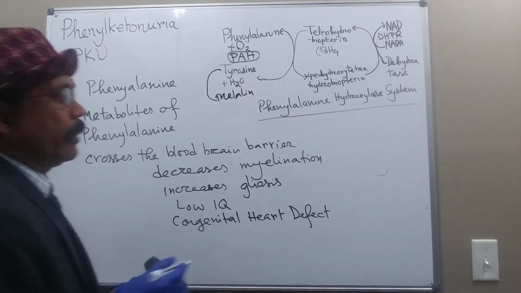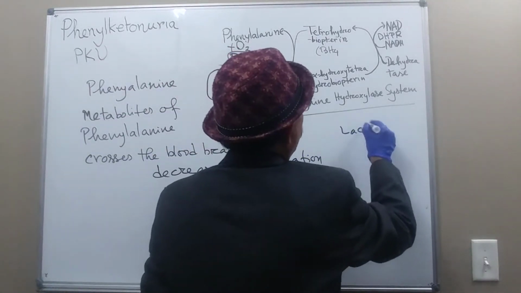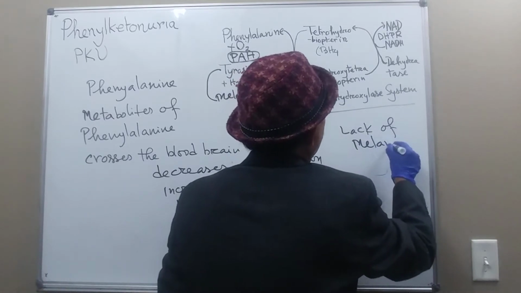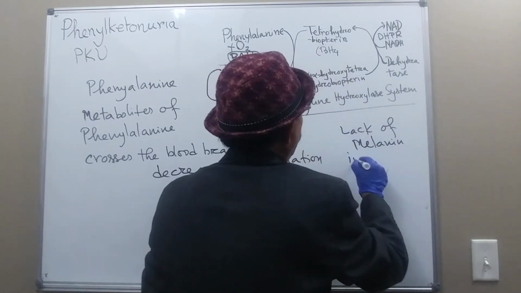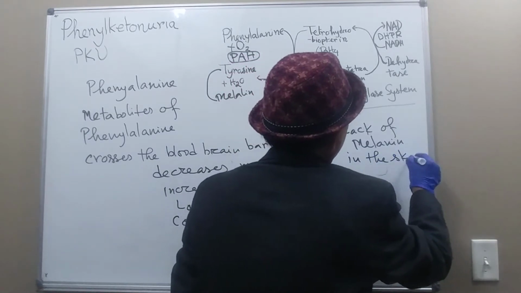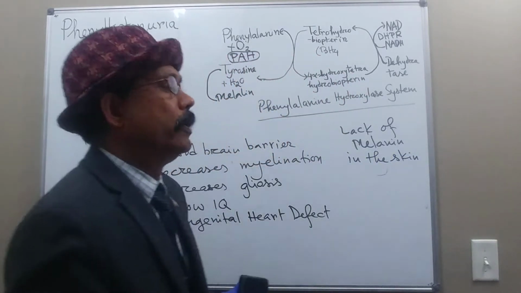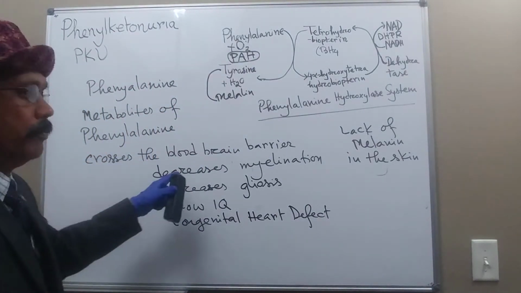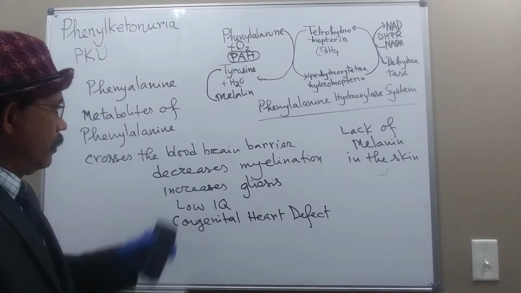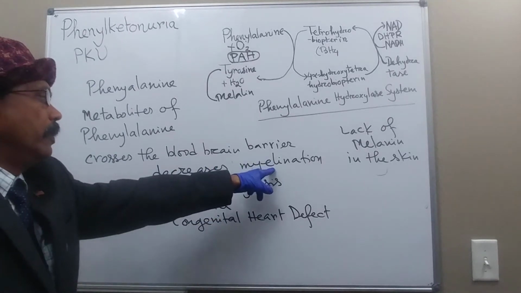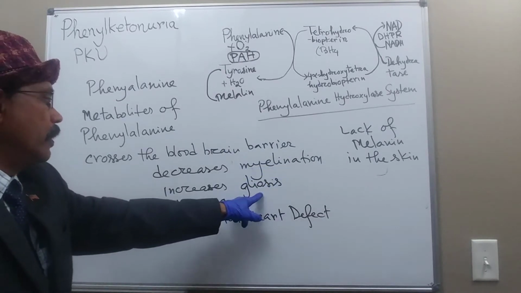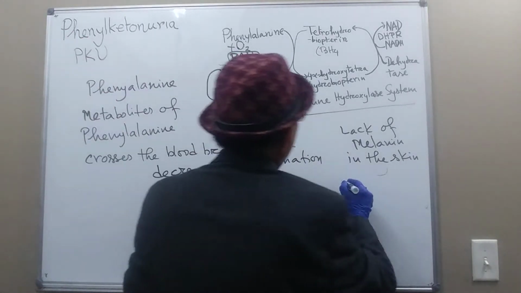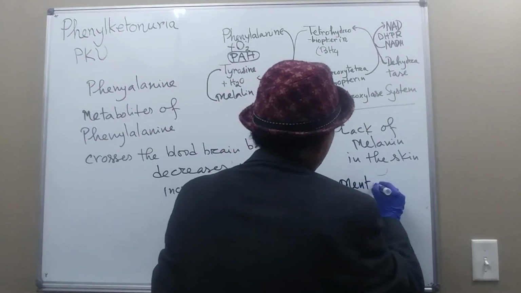So due to lack of melanin in the skin, that is another feature of phenylketonuria. So we get brain development disturbance due to lack of myelination, increased gliosis, low IQ, congenital heart defect, and certainly mental retardation.